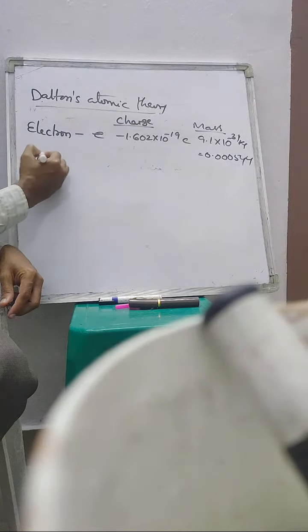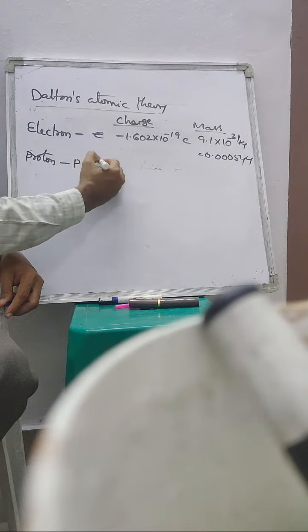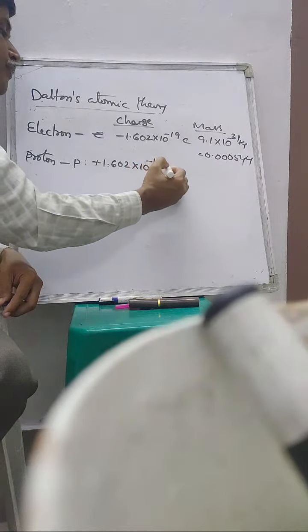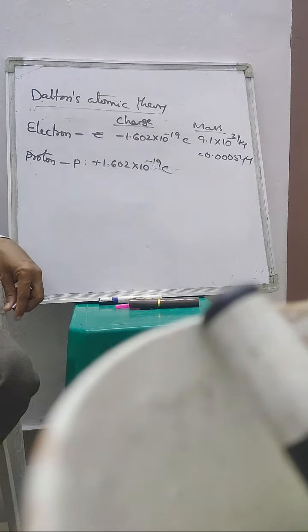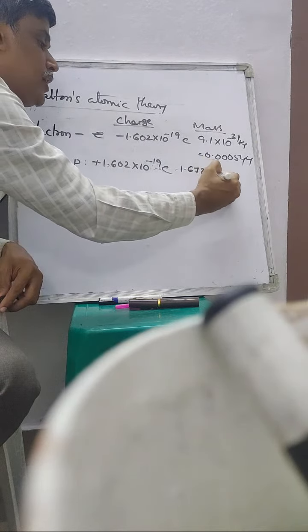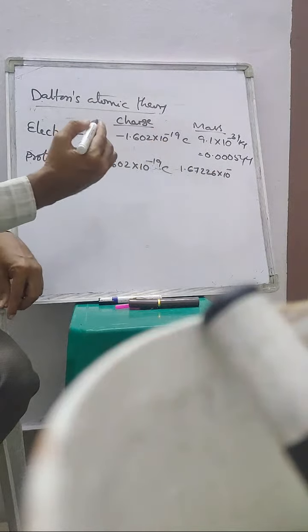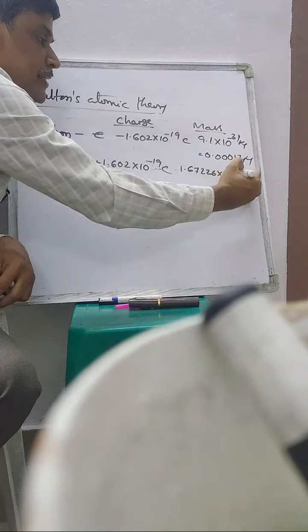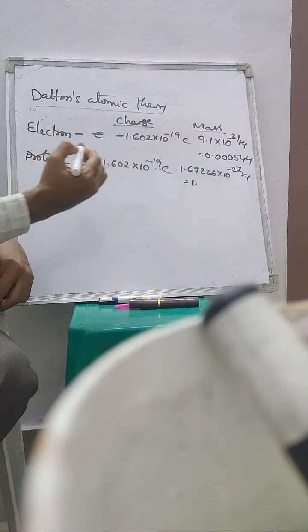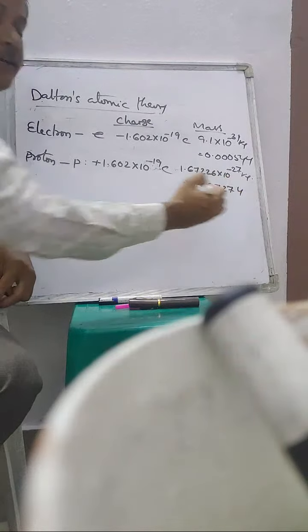The proton is represented with p. It has a charge of 1.602 × 10^-19 coulombs and its mass is 1.6726 × 10^-27 kg. In Daltons, its value is 1.00727 Daltons.